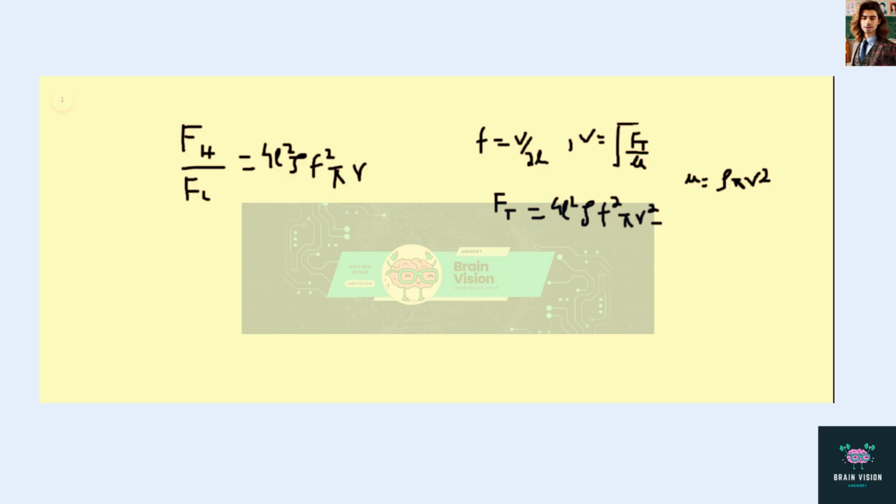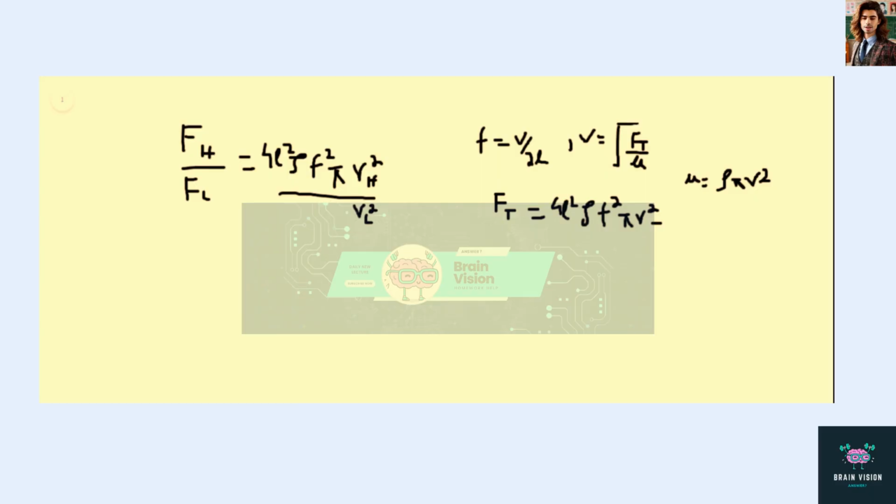Now this R corresponds to the string with high tension, so we will write R_H squared over all of the same values, except here we have R_L, corresponding to low tension in the string.